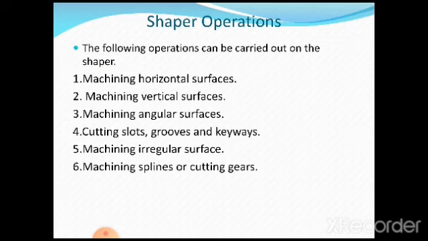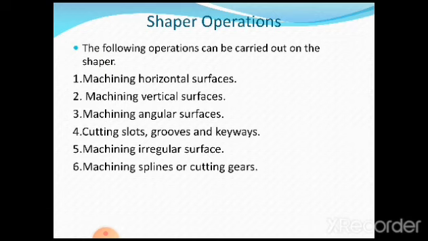The first one is machining horizontal surfaces. As the name itself implies, horizontal means the top surfaces. Basically we are concentrating on the top surface of a flat workpiece. When that machining is done, it is called machining of horizontal surfaces. That is very important. In this case, we need to understand how to adjust the cutting stroke length, etc., and many things with sketches in the subsequent presentations.